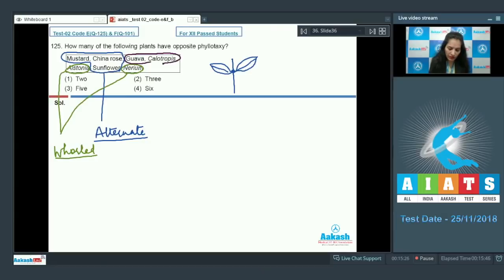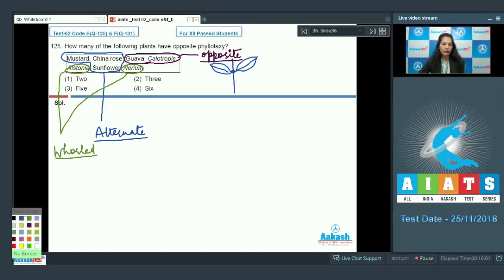So the remaining plants, guava and calotropis, they have opposite phyllotaxy. So how many plants have opposite phyllotaxy? Guava and calotropis, 2. So the correct option for the given question is option number 1. Let's move on to the next question.